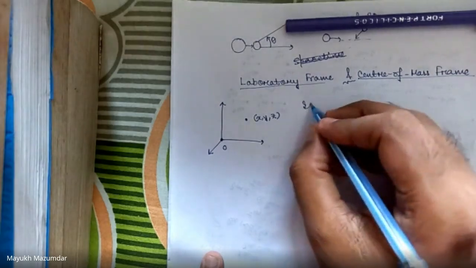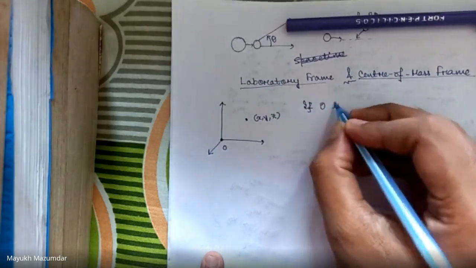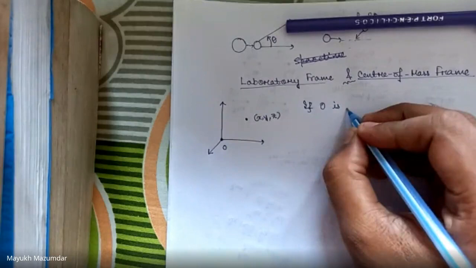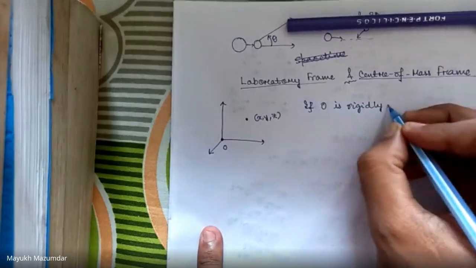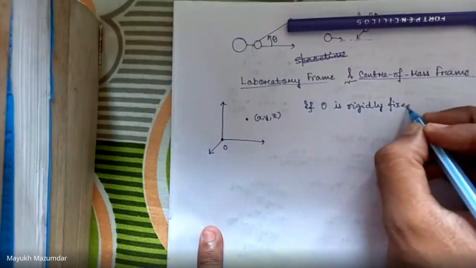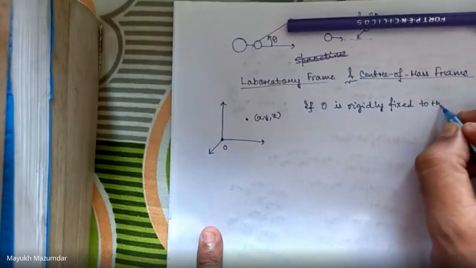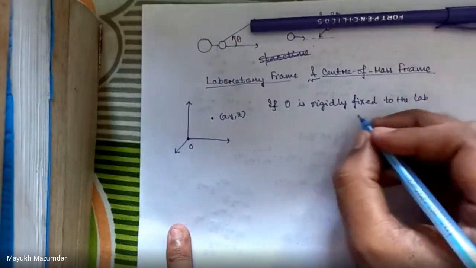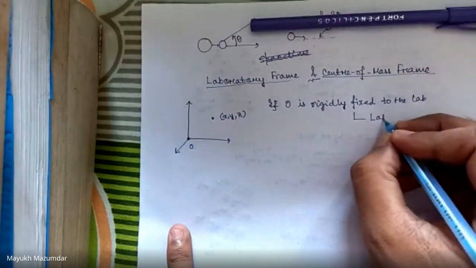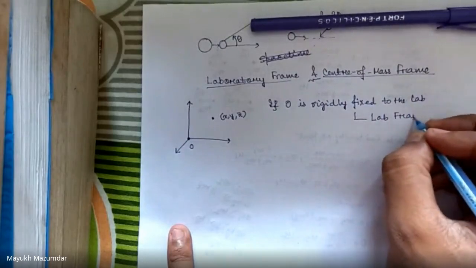So if O, that is the origin, is rigidly fixed, rigidly fixed means it can't move at all, fixed to the laboratory, then we call it the lab frame.